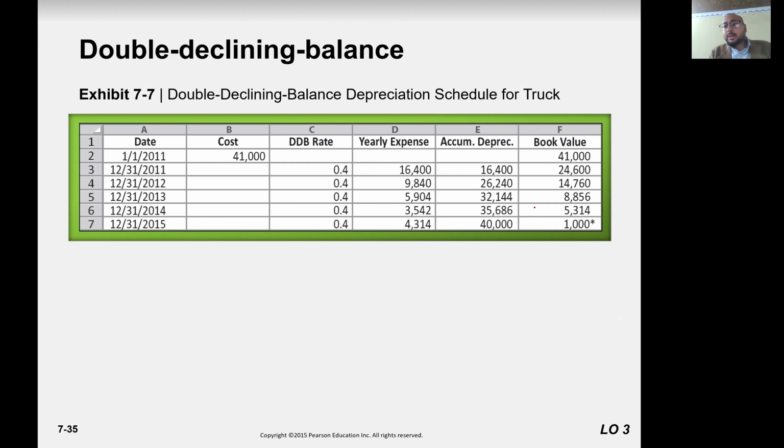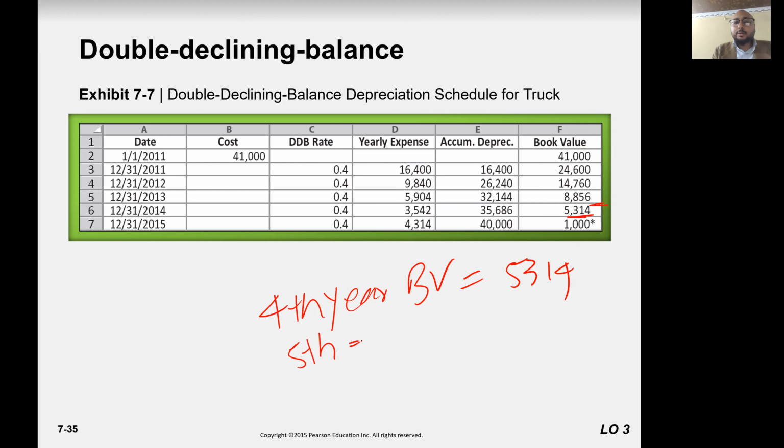So you notice something, our fourth year book value is 5,314. What is the fifth year depreciation? 40% of 5,314. What is the answer here?